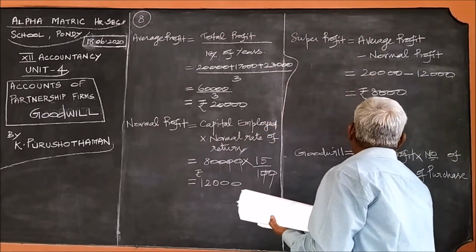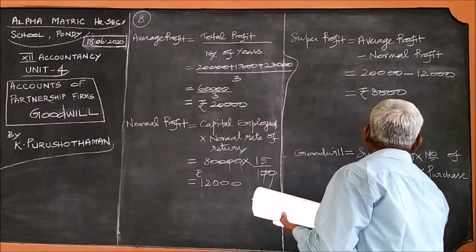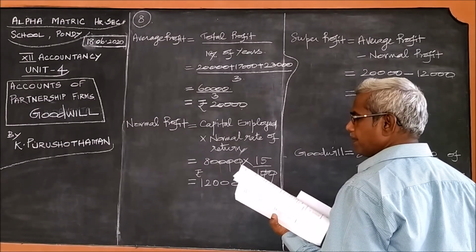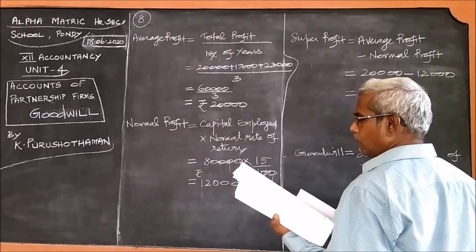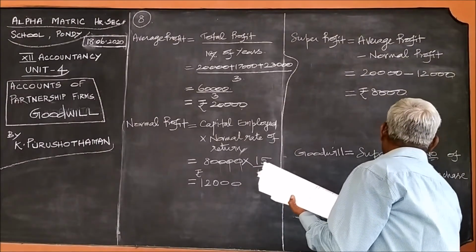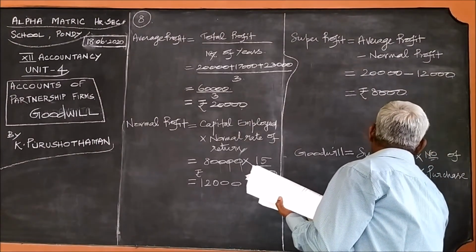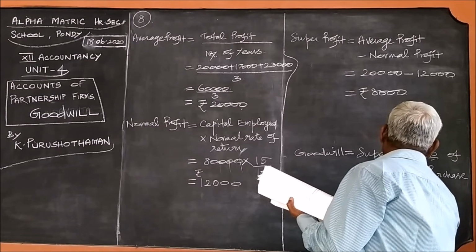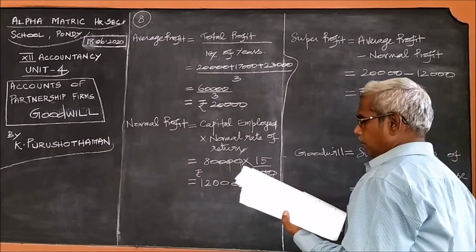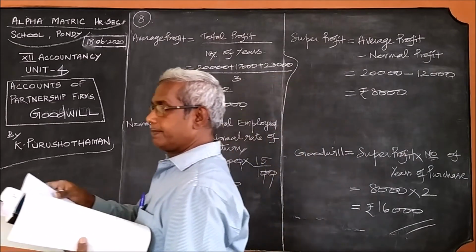Super profit, that is 8,000, into how many years of purchase? Calculate the goodwill on the basis of 2 years purchase. 2 into 8,000 is 16,000. This is the amount of goodwill under super profit method.